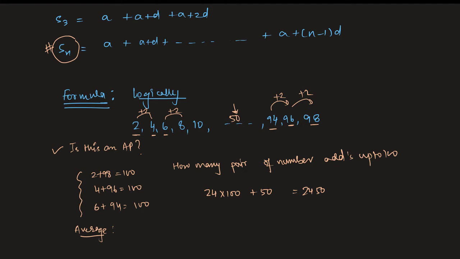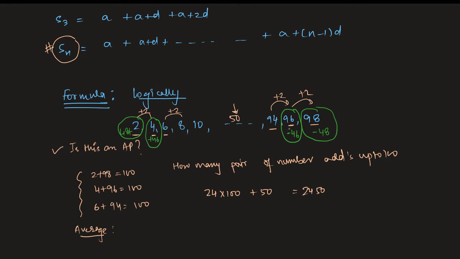If you subtract 48 from here and give 48 to this, there is no overall change in the sum, because you have subtracted 48 and added 48. But by this, the first term becomes 50 and the last term also becomes 50. Similarly here, if you subtract 46 from here and give 46 over here, the second term and the second last term also become 50.